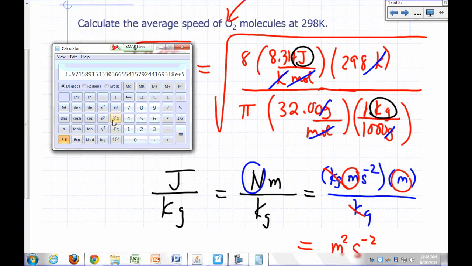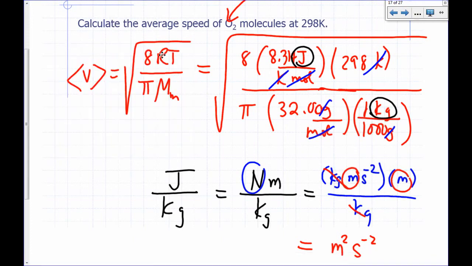Then take the square root of that, so raise it to the power 0.5, and that equals 4.44 times 10 to the 2. So in regular notation, that's 444 meters per second. That's the average speed of oxygen molecules at room temperature.